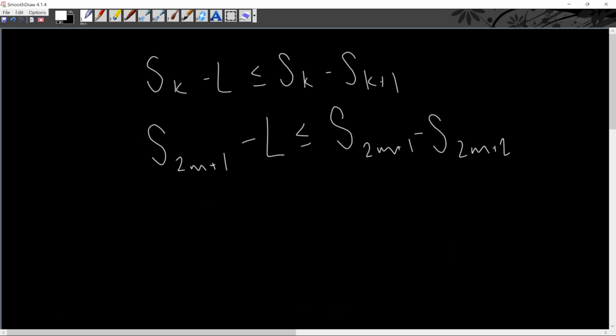You need to do absolute values, but for this part, I'm just going to illustrate the idea. And this is, again, equal to the term that is left over after this calculation, and that is a sub 2m plus 1 plus 1, or a sub 2m plus 2, right?